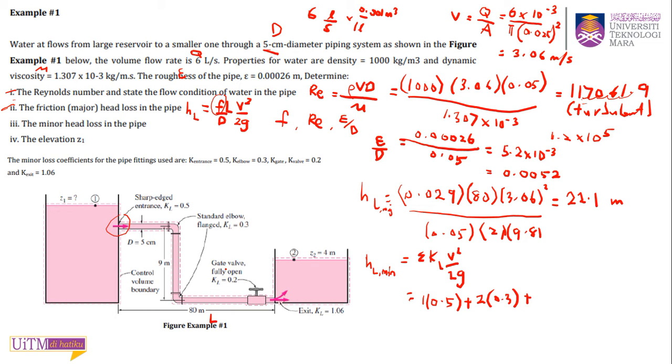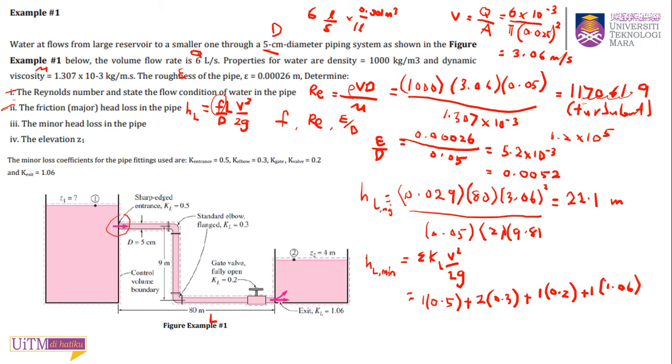The KL for gate valve fully open is 0.2, 1 for the gate valve is 0.2. Plus you have the exit. The loss coefficient for exit is 1.06, there is only one exit, so 1 times 1.06.